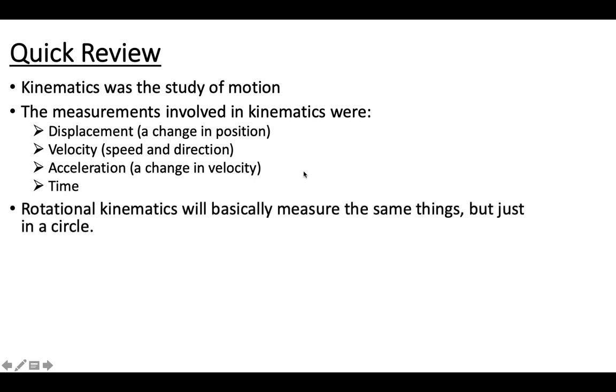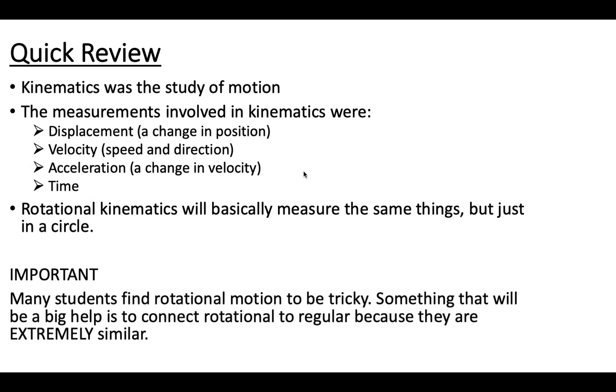Okay. Rotational kinematics will basically measure the same things, but just in a circle. Same stuff, just in a circle. And I already said this once, but it's so important that I'm going to say it again. Many students find rotational motion to be tricky. Something that will be a big help is to connect rotational to regular kinematics because they are extremely similar. And that is absolutely true.